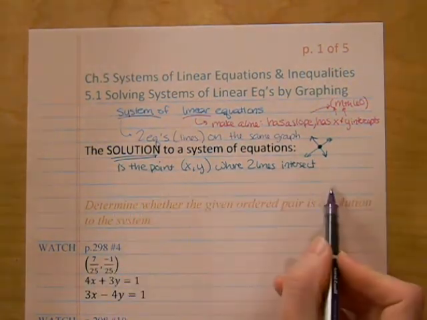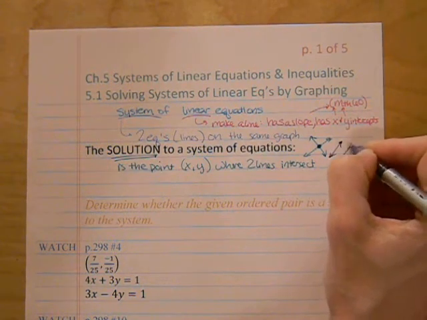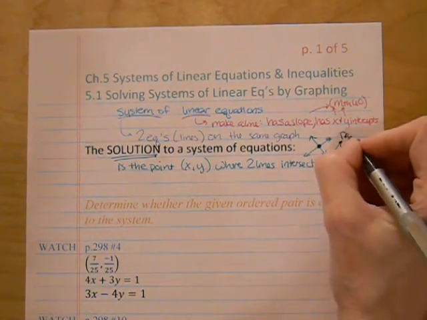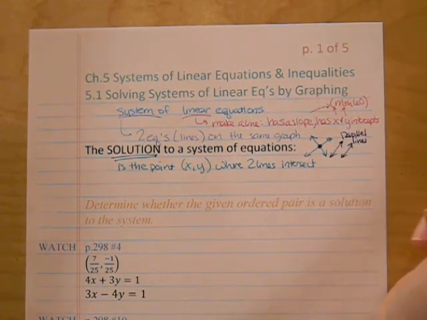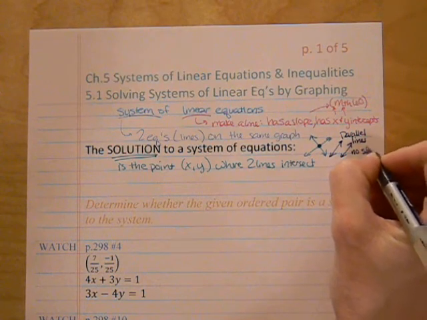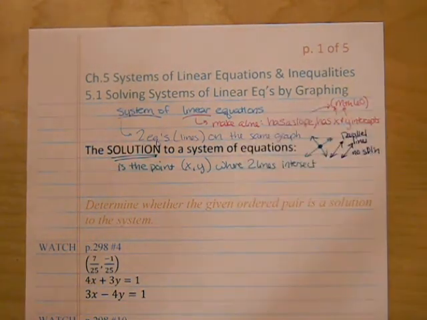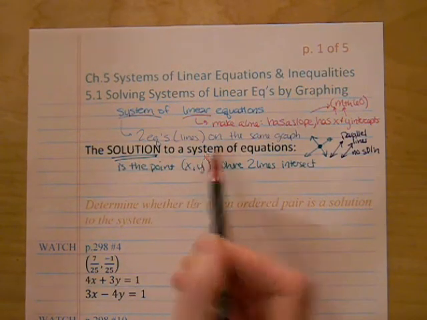There are a couple other situations that could happen. You could end up with parallel lines that don't intersect, which means there would be no solution. There is no point where the two lines intersect, which means there would be no solution to the system.